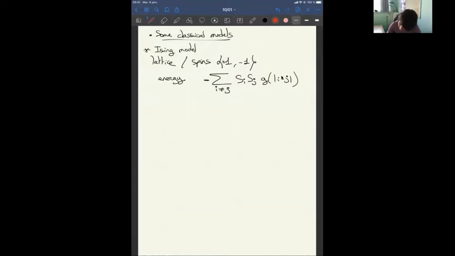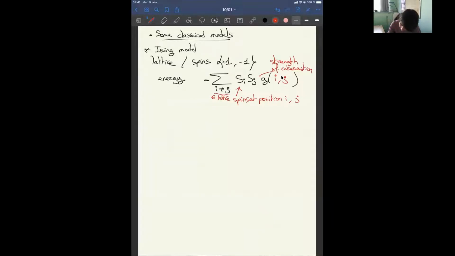So that's the spin at position i, j. So that's the sum over all the lattice. And this is, or maybe I shouldn't write i minus j. So it is a strength of interaction.